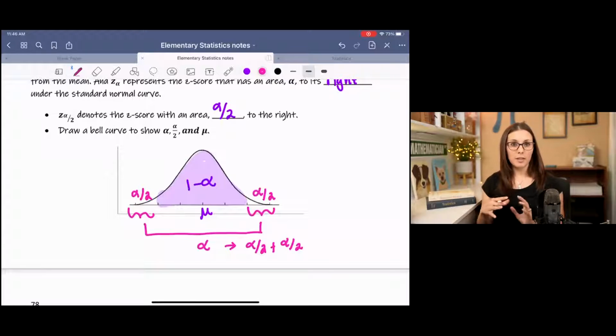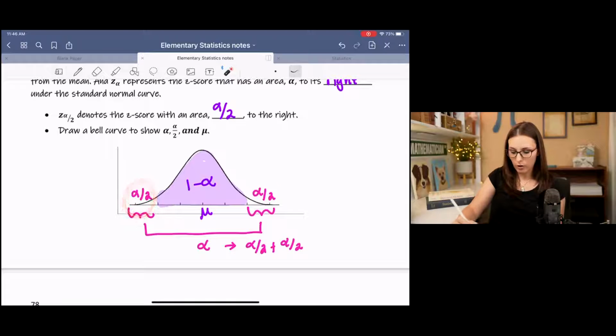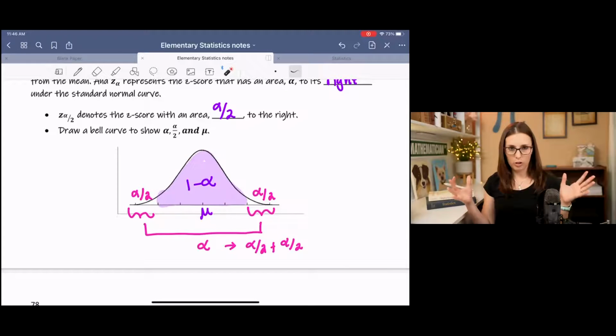So you should have something like this drawn. I did not ask you to do 1 minus alpha, but just to kind of give you the full picture, I wanted to put that in there. Alpha is the two pieces on the tails added together. And so each tail is alpha over 2. And then if we were to add those together, that gives us alpha, which means that this shaded region in here, wherever you shaded, it doesn't matter, is 1 minus alpha.